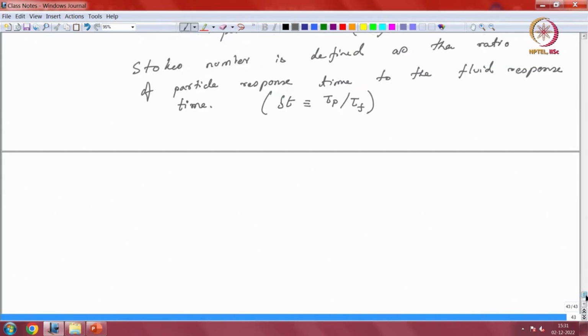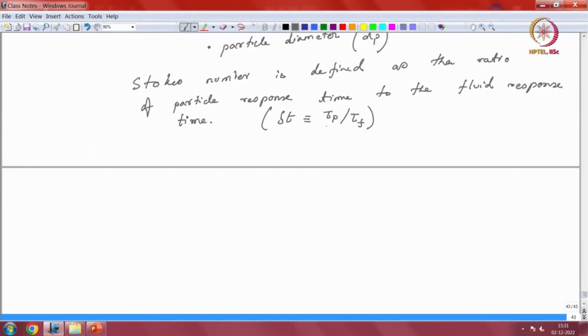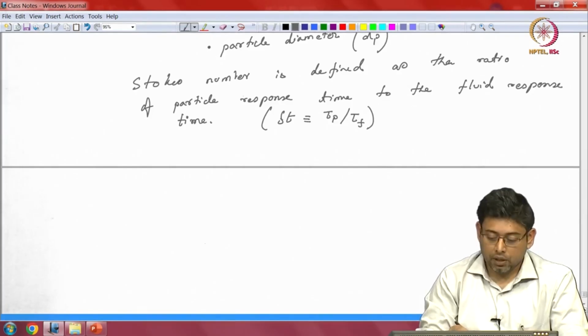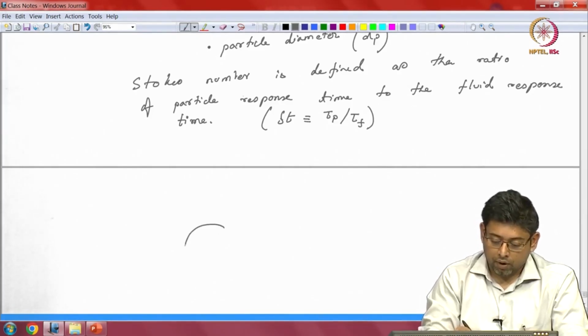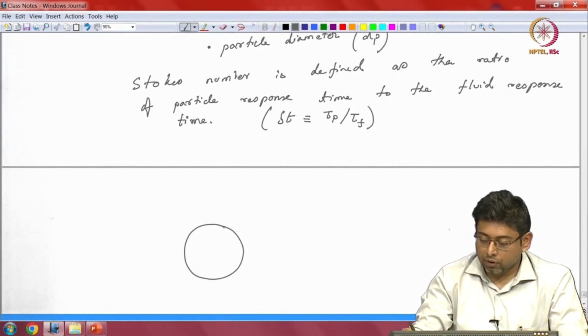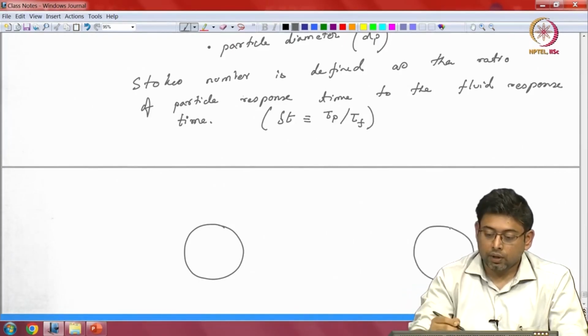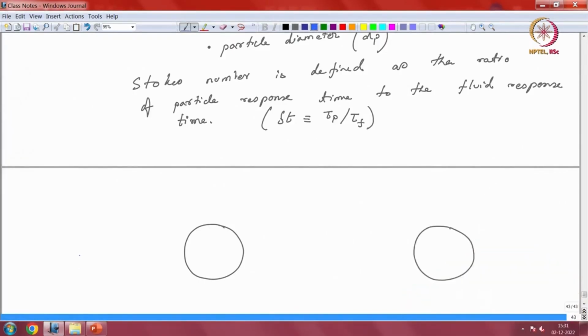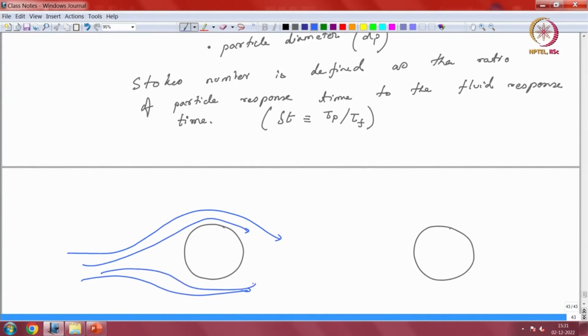So what happens when my Stokes numbers are of values that are greater than or less than unity? So let us say you have flow around some cylinder, and these are some of the streamlines associated with it. Okay. So on both sides here is the same. Actually, let me just copy this.